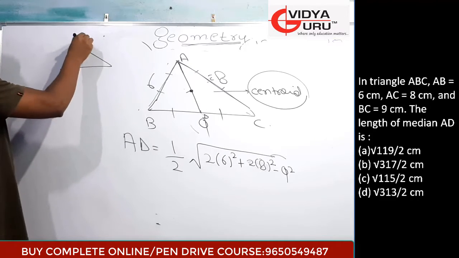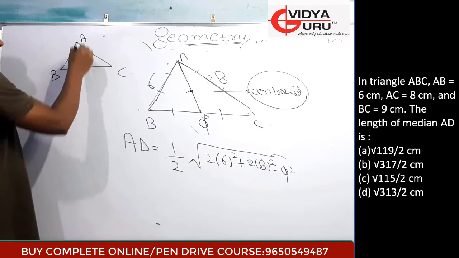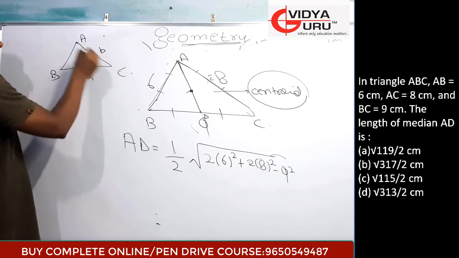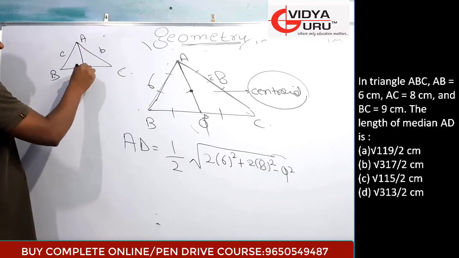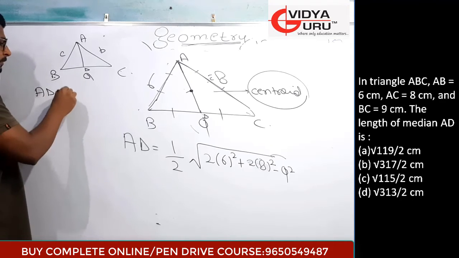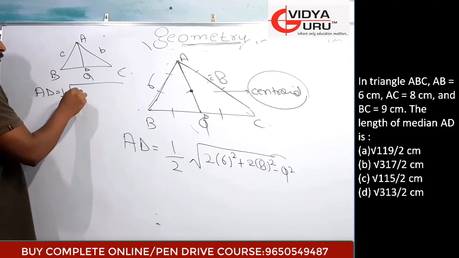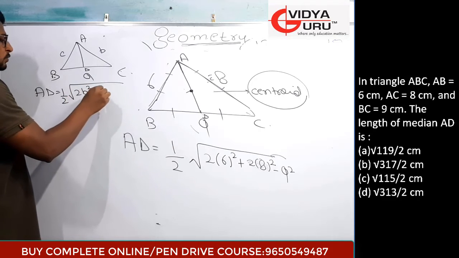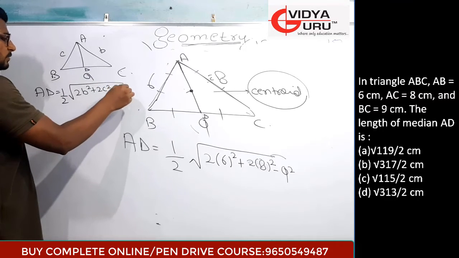I will derive a formula. This is A, this side is B and this side is C, and this is the median. So AD will be equal to half root of 2b square plus 2c square minus a square.